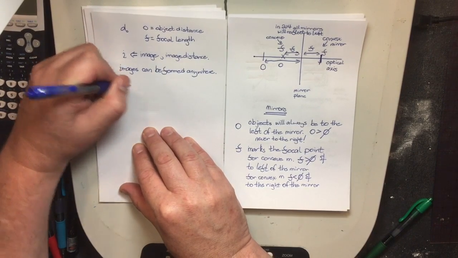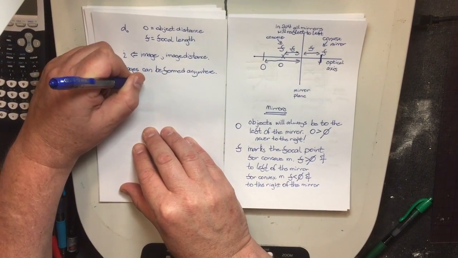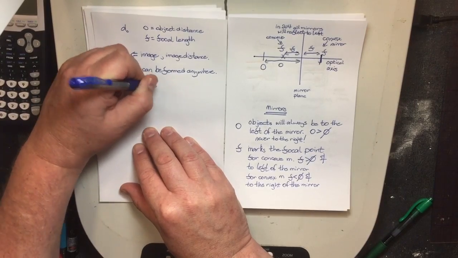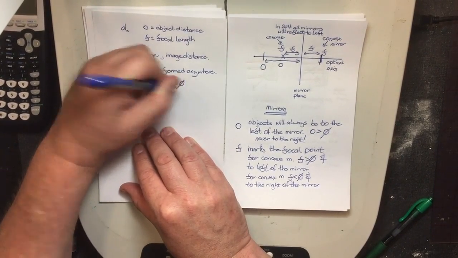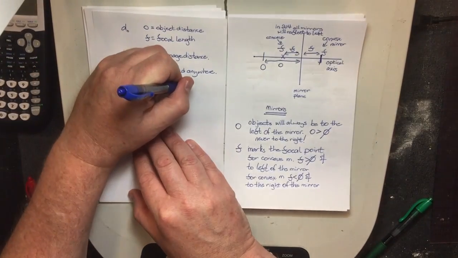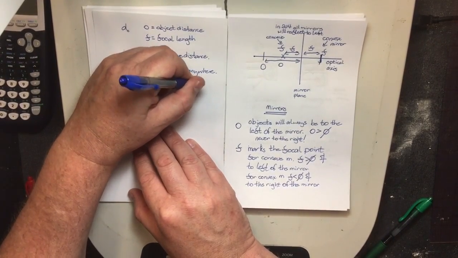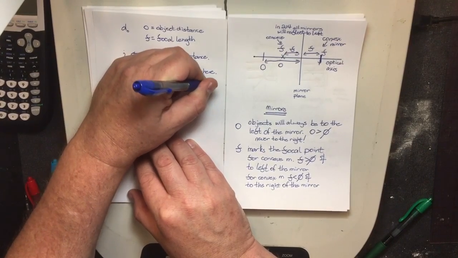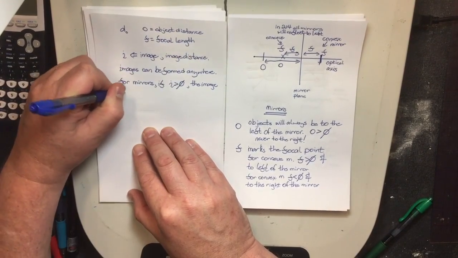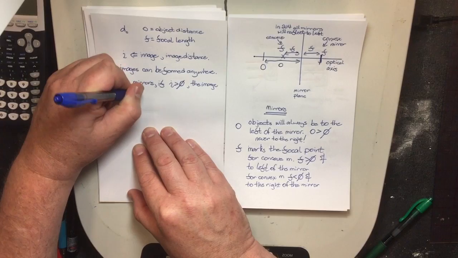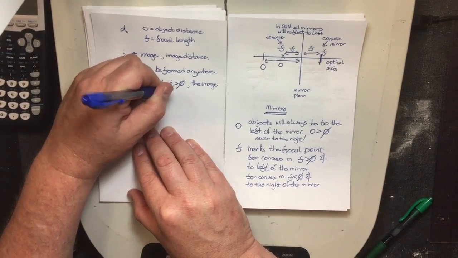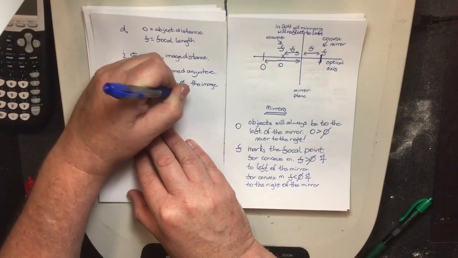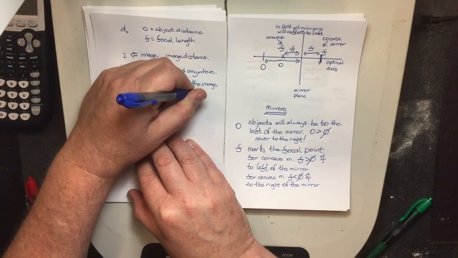For mirrors, if I is greater than 0, the image is to the left of the mirror.